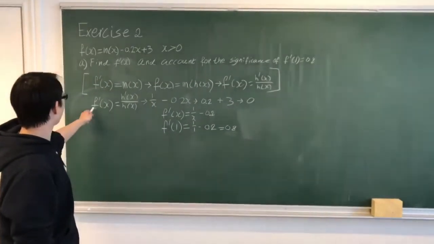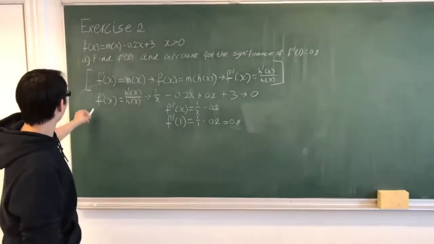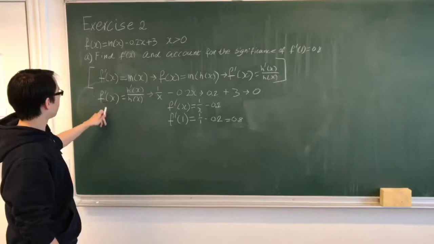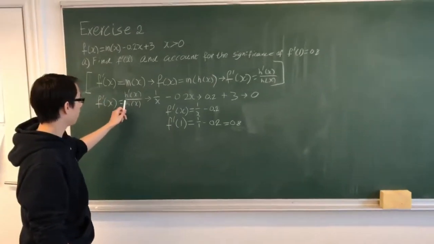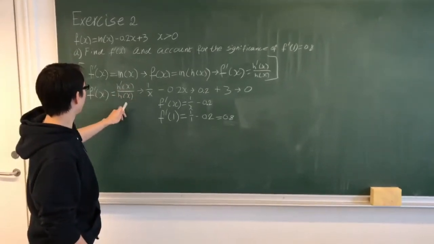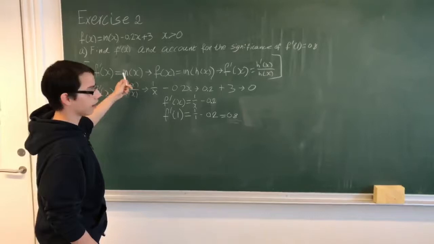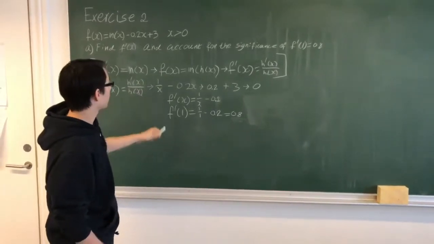So we can do that now by taking this function and differentiating it. So f dash of x equals h dash of x over h of x, which becomes 1 over x, as x dashed becomes 1, and then this just stays x.